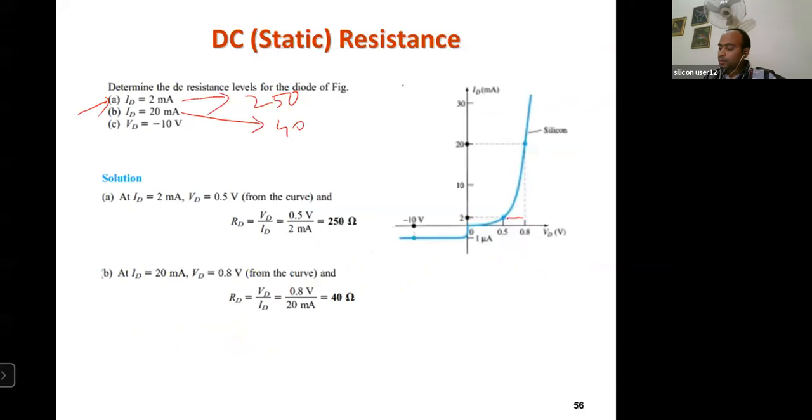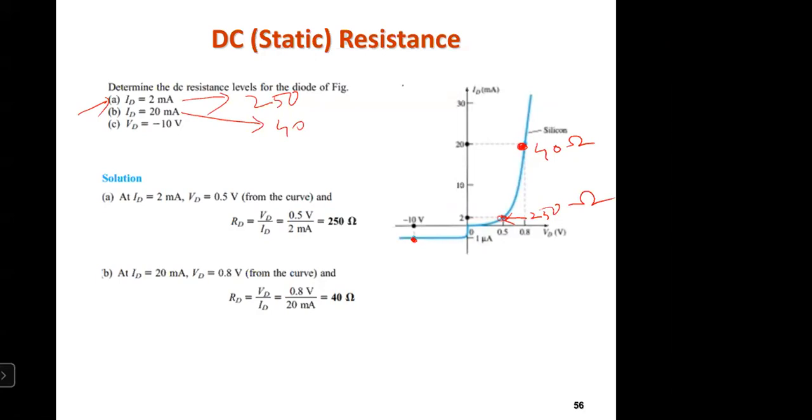That means the resistance is 250 here and 40 ohm here. That is what I was telling you: the resistance at this point will be lower than the resistance at this point. Clear? Now tell me, will the resistance at this point be more or less? Less.